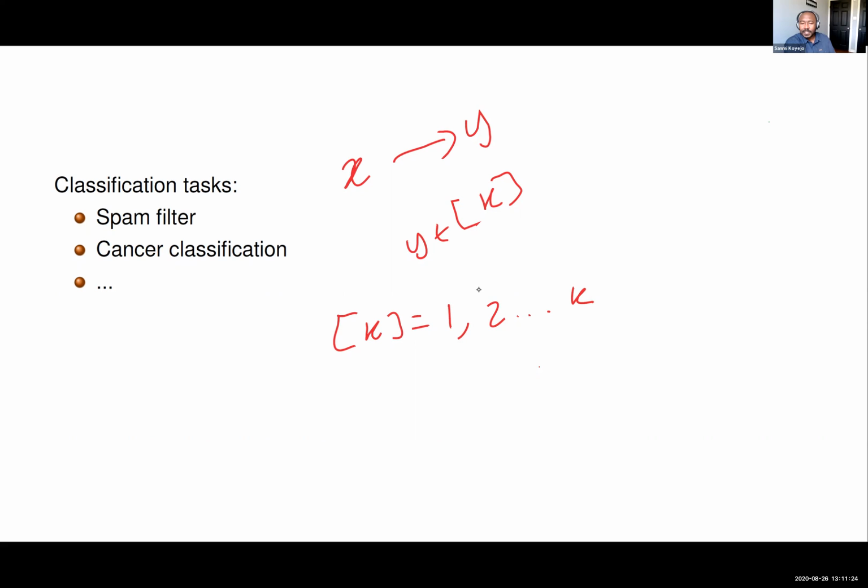Typically the y is some real-valued quantity. R is mathematical notation for the reals, so it's some number that's real valued. So regression is the other very common type of setting.